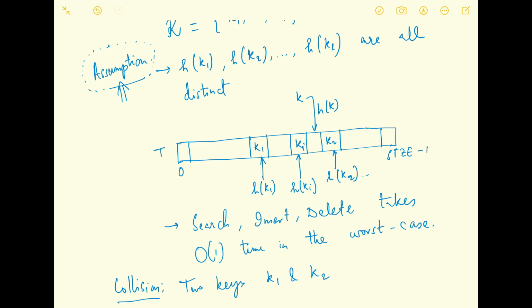We will see that then in the worst case, the time complexity for these operations need not be order 1, it can take more time, but in the average case it takes order 1 time.